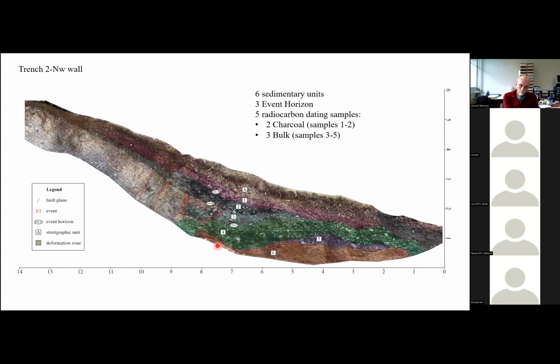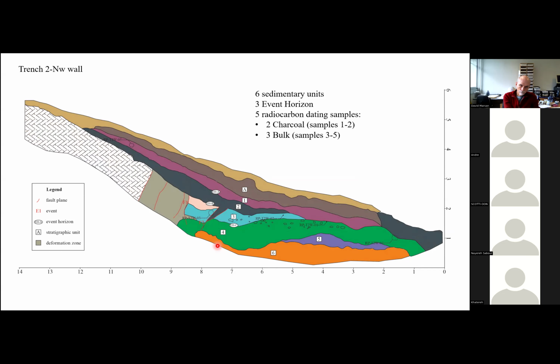This is the last version of my log for this wall, and I just considered 3 events. One of them, because of this color, we considered as a colluvium wedge, and put one event horizon here, another one here, and another one at the bottom of blue, and the green is very continuous, so we ignore it.